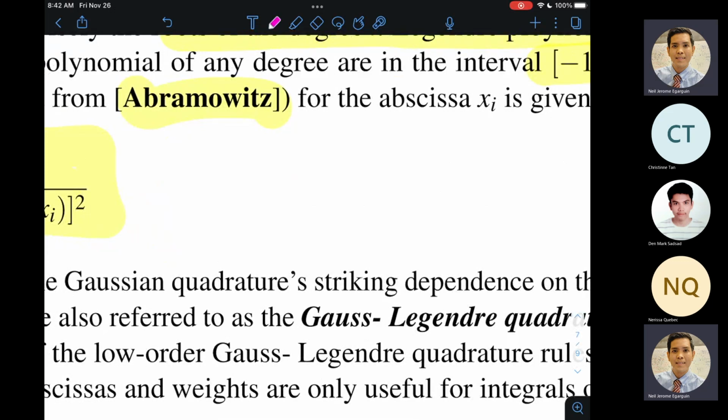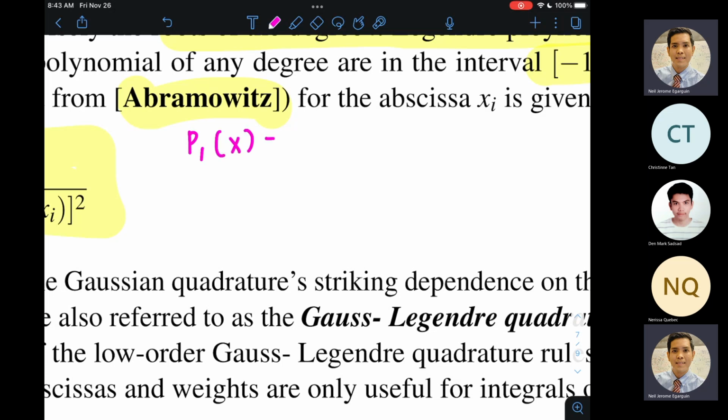Okay, so for instance, let's go to P1. If you use one point, we saw last time that we get the midpoint rule, from deriving using the definition based on the degree of precision. But if we look at it in this light, for the one-point Gaussian formula, the abscissa should be the root of the degree 1 Legendre polynomial.